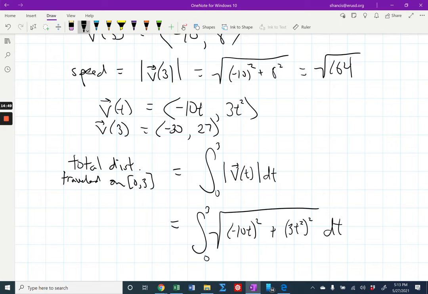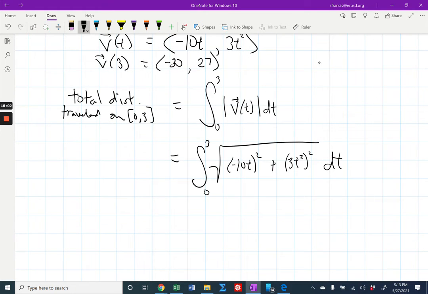That should look familiar to you. That's at the tail end of the notes that I gave for the parametric equations. Okay, I'm going to put this in a slightly different form over here, just so you can recognize it, I hope. This is the same thing as the square root of x prime of t quantity squared plus y prime of t quantity squared.